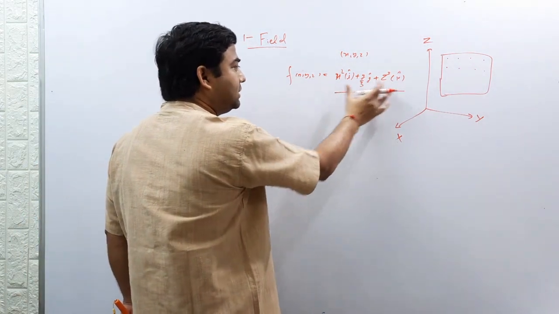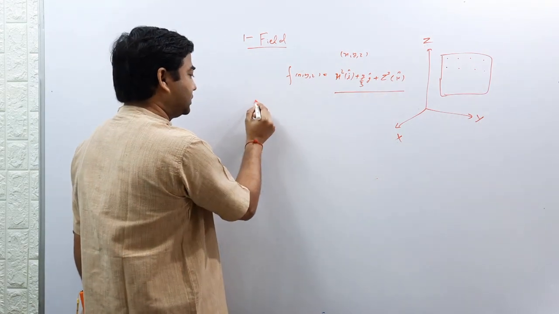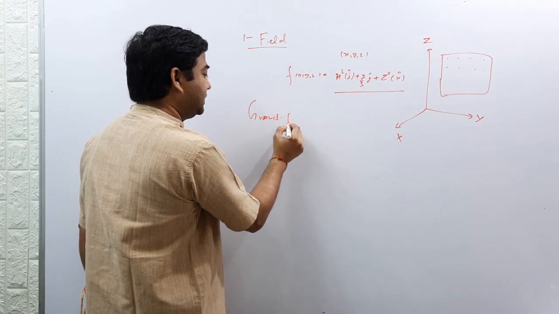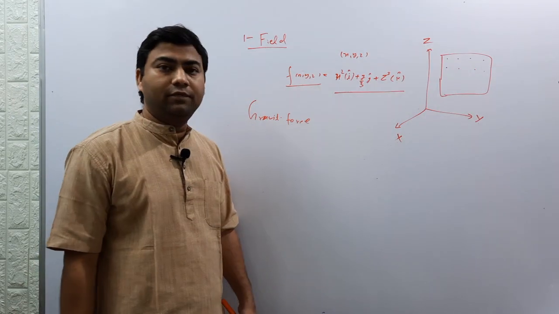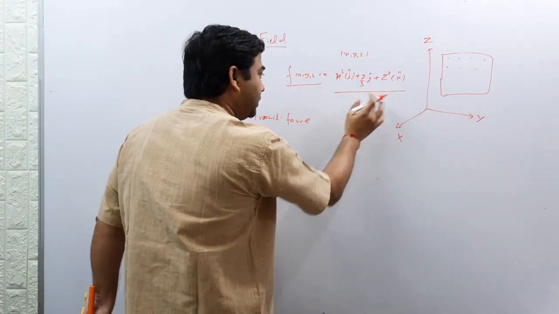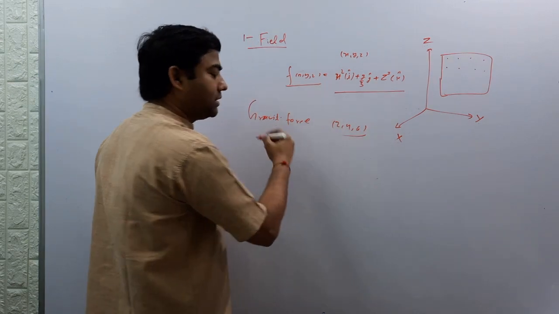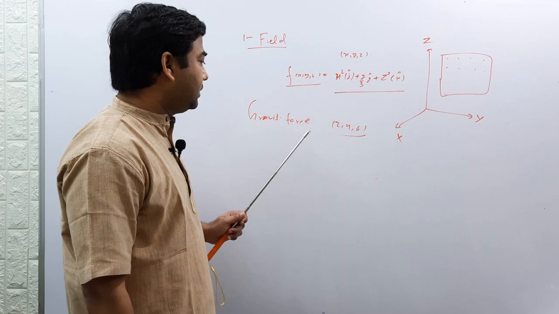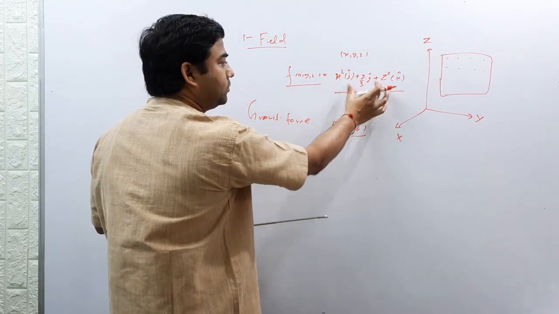So what does it mean actually? Let this be giving a gravitational force. This function is representing the gravitational field. So at point 2, 4, 6, just for example, I have taken this point. At this point, the value of the gravitational field can be calculated from this function.